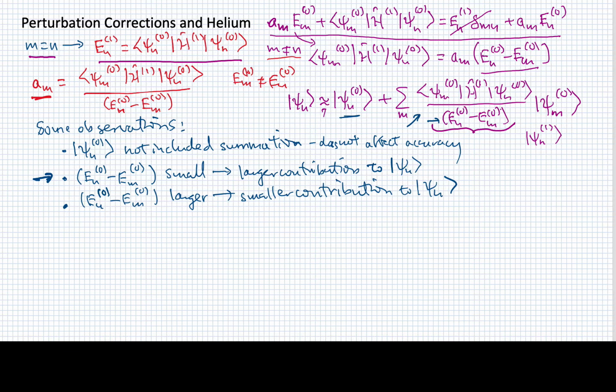So one way we can think of this is that these things are telling us which states are likely to be strong contributors to the correction in the wave function. I should also note that the value of the numerator, which is this cross term, these are the terms that are not included in the calculation of the first order energy correction, but these tell us something about the interaction between the 0th order states via this perturbation term and the Hamiltonian.